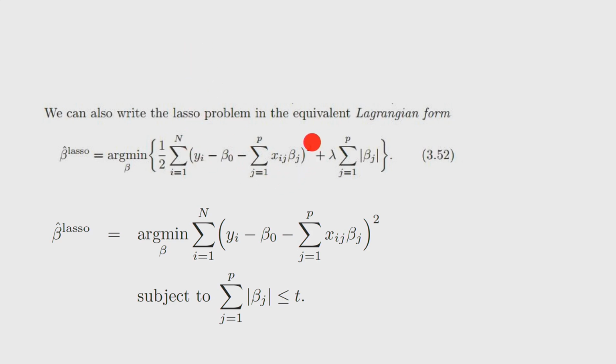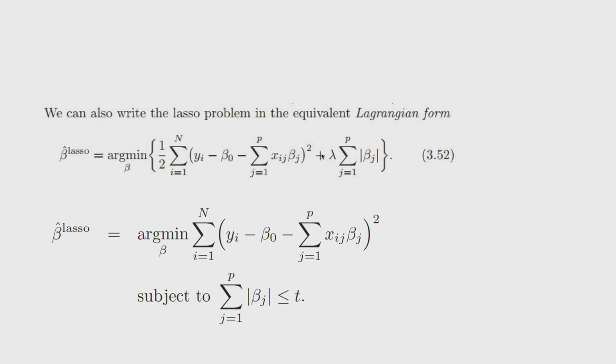We square this difference. Furthermore, to the loss we add the lasso regularization, which is just lambda times the absolute values of the betas, so the size of the betas in terms of absolute values. That's actually exactly the same as what we did, maybe with some differently named variables.